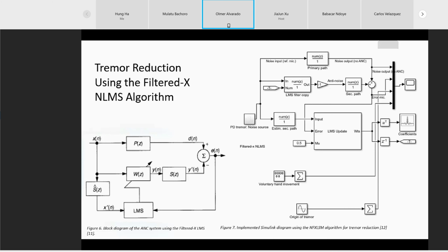under different conditions. For example, we can use this filter X normalized LMS algorithm shown on the left-hand side.